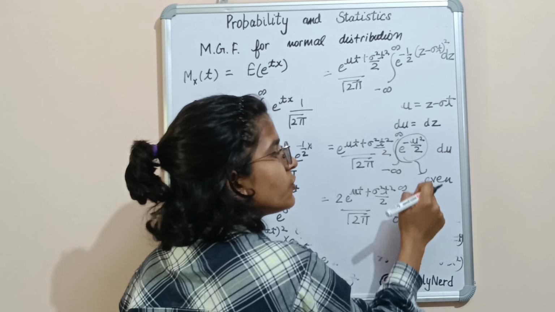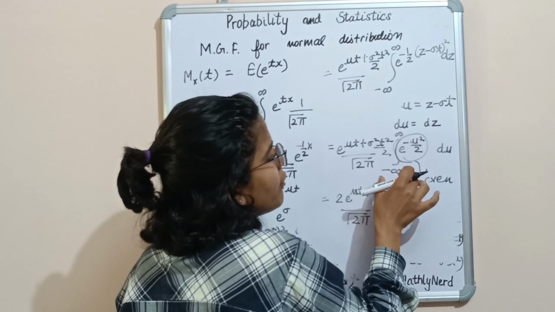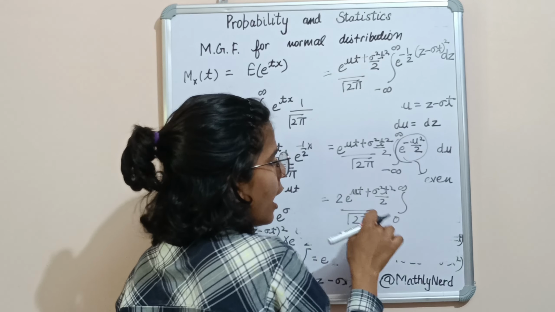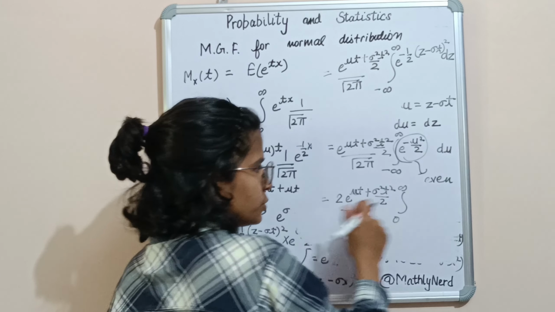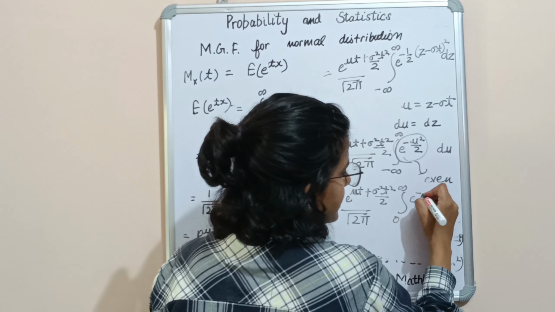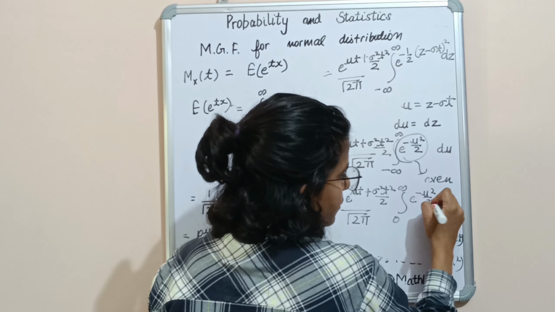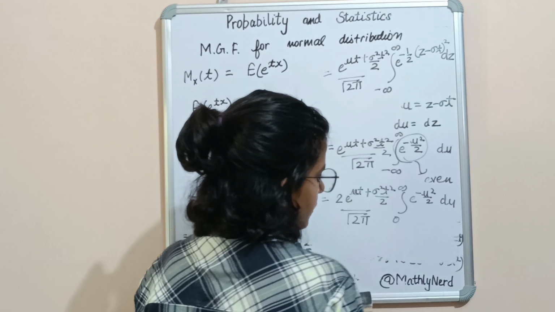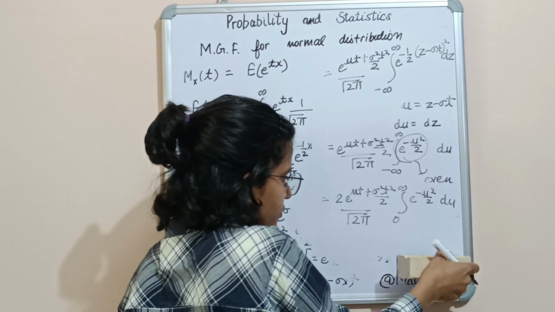Initially it was minus infinity to infinity. Now we make this interval half and multiply with 2, e raised to power minus u square by 2 into du. Now this is our expression.